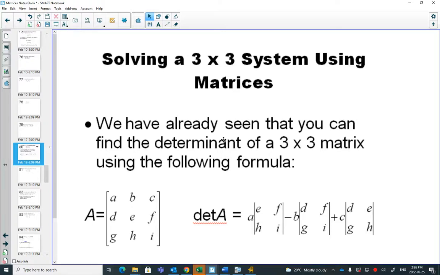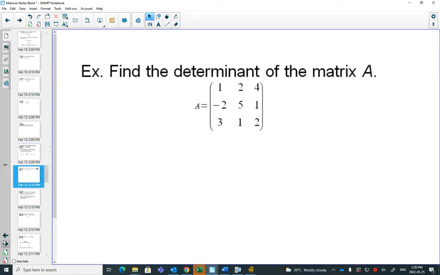All right, so solving a 3 by 3 system using matrices. We've already looked at the determinant, and there was this determinant formula, but probably easier to remember is finding the determinant where you wrote 2 more columns and then did the lines one way and lines the other way.